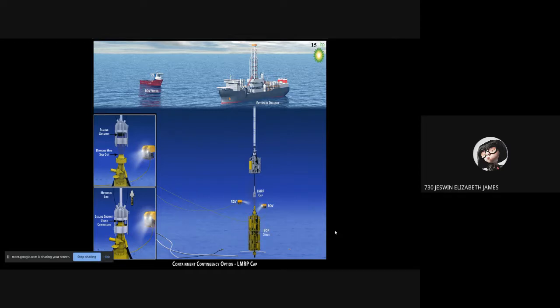What happened with the BOP in the Deepwater Horizon was that, as you can see, the pressure was slowly building up, which forced the oil to gush upwards. The BOP has a lot of valves, and this hydraulic valve was supposed to cut the pipe. However, the hydraulic valve was too weak to build up enough pressure, because from the bottom, pressure was rising up and oil and gas were gushing upwards.